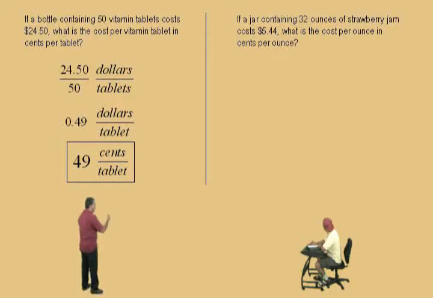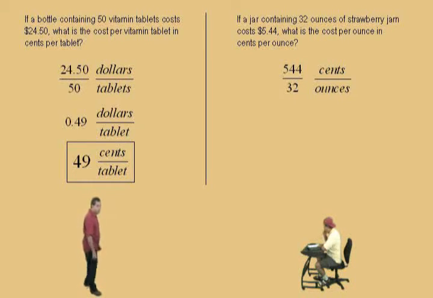Okay, so here it's $5.44 over 32 ounces, but notice here I'm writing 544 cents over 32 ounces because if I put 5.44, then it would be dollars over ounce. But we want cents per ounce, and we should know $5.44 is 544 cents, right? Okay, it's very tricky.